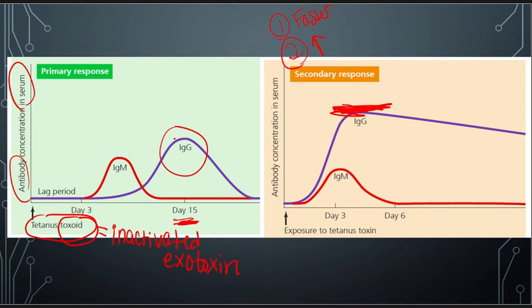Look at how high this is compared to even the maximum of this. That's a result of the secondary response involving a greater proportion of IgG antibodies being cranked out. So basically, the antibody forming system is like a learning system that responds to each exposure by producing large amounts of a specific antibody.